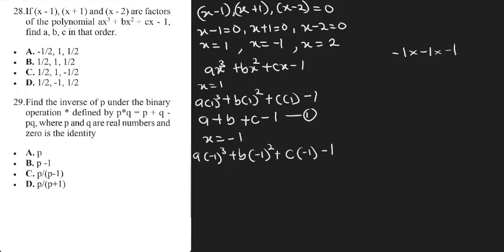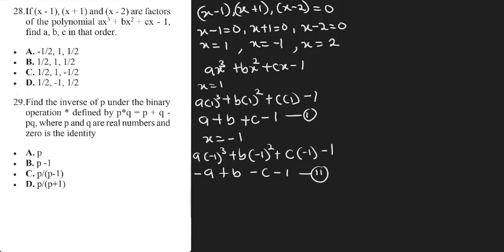Minus 1 times minus 1 is 1, and 1 times minus 1 is minus 1. So this is going to be minus a, right? Minus 1 times a is minus a. Then minus 1 times minus 1 is 1, and 1 times b is b. Then we have minus 1 times c is minus c, minus 1. So this is equation 2.